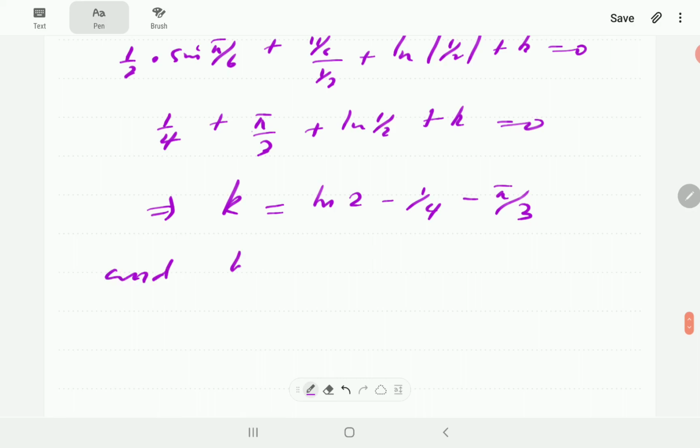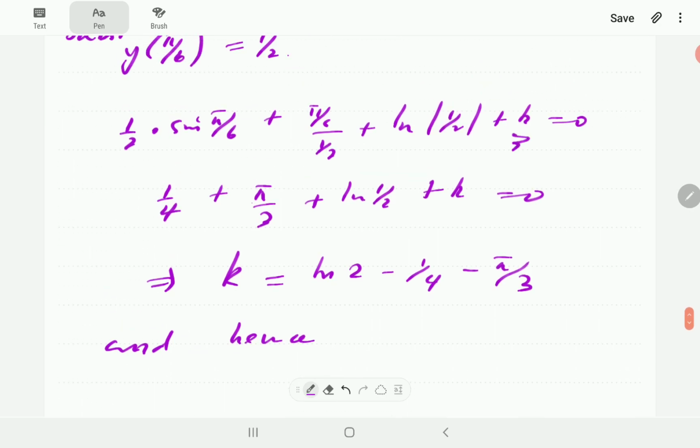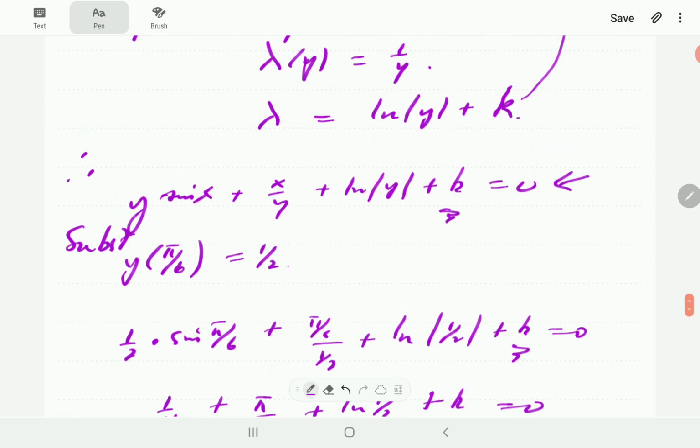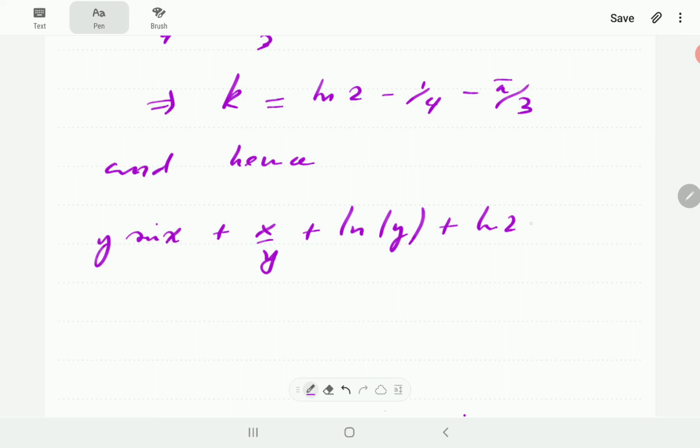Then the particular solution, if you plug in this k here, we're going to get y sine x plus x over y plus ln y, then plus ln 2 minus 1 over 4 minus pi over 3 equal to 0.